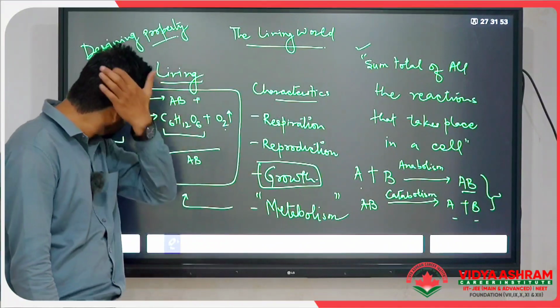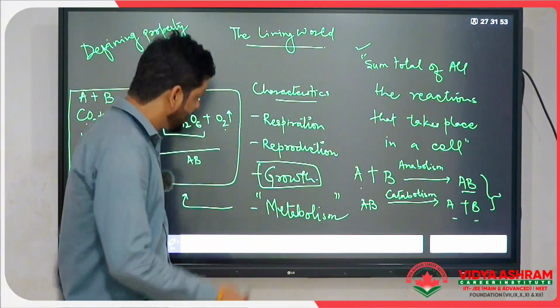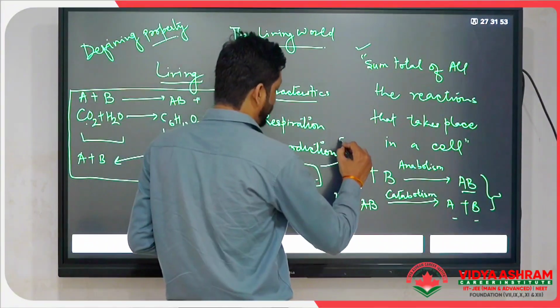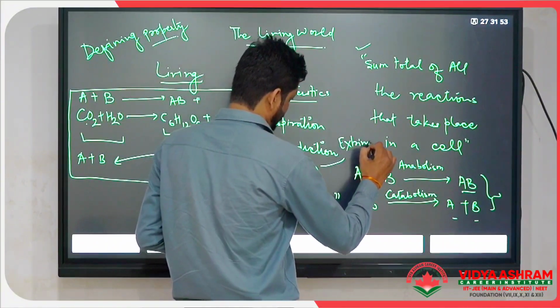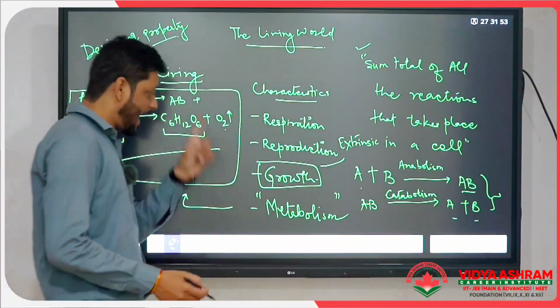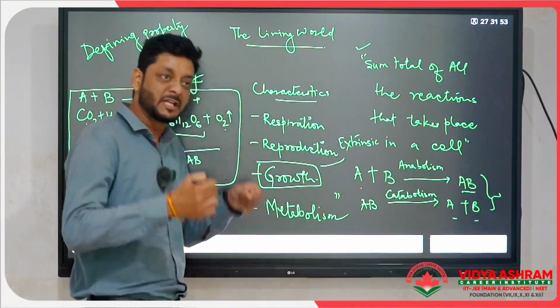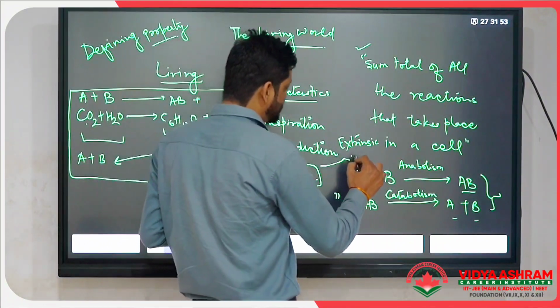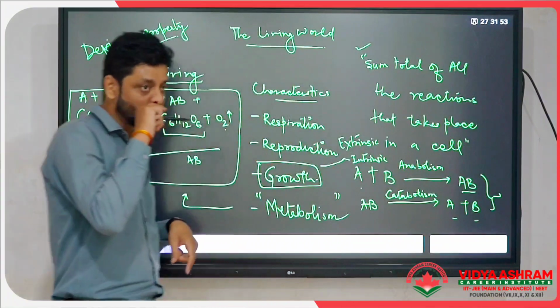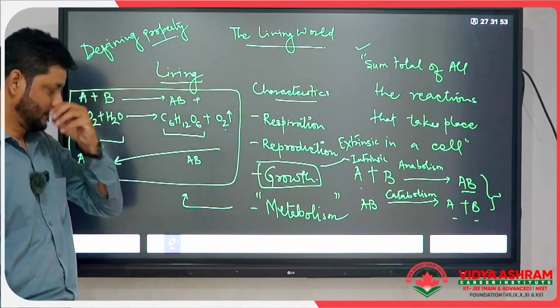The type of growth that takes place in the Himalaya is called extrinsic growth, whereas the growth that takes place within a cell is called intrinsic growth. So growth is a non-defining property.